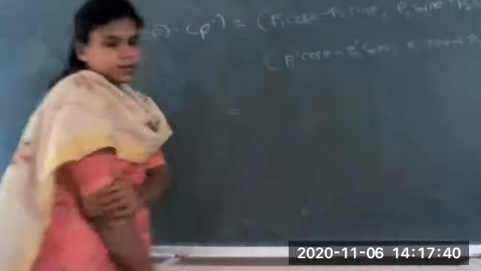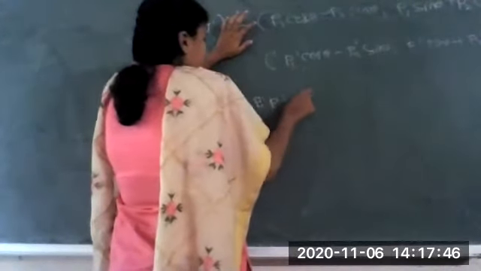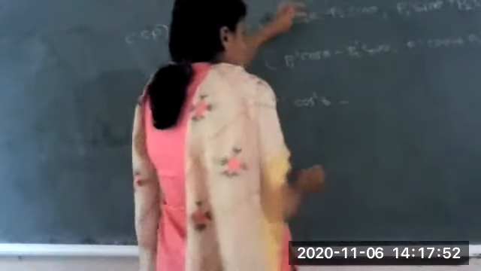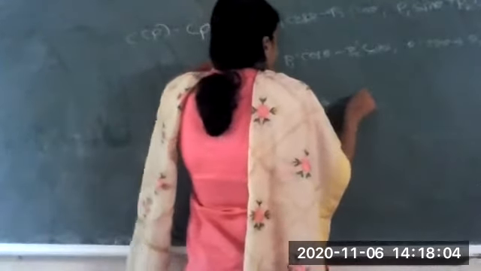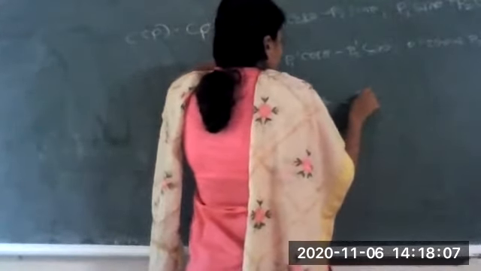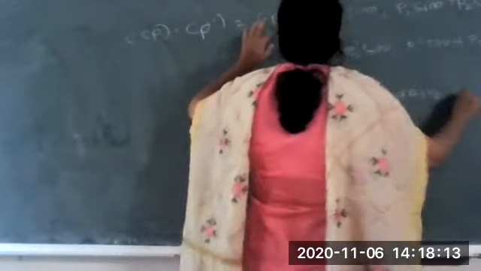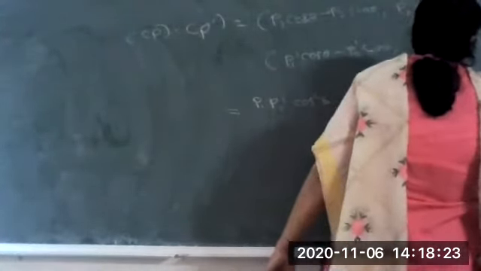So we get P1 P1 dash cos square theta, minus P1 P2 dash cos theta sin theta, minus P2 P1 dash sin theta cos theta, and the last is plus P2 P2 dash sin square theta.